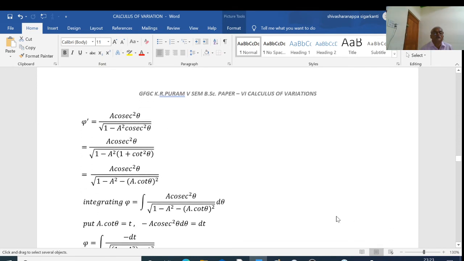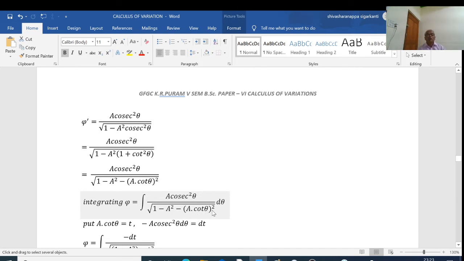Then this becomes numerator as it is a into cosecant square theta, denominator 1 minus a square minus a square cot square theta, that is a cot theta square. Now if I integrate this one, phi dash integration is phi equal to the right hand side integration is a into cosecant square theta divided by 1 minus a square minus a into cot theta whole square into d theta.